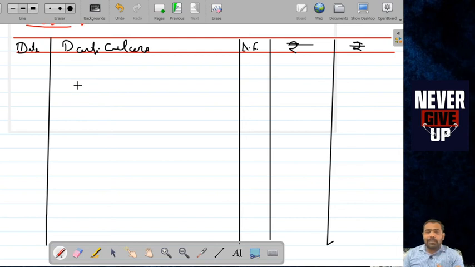It means the application money from the applicant. The entry is: bank account debit to share application account, being application money received.